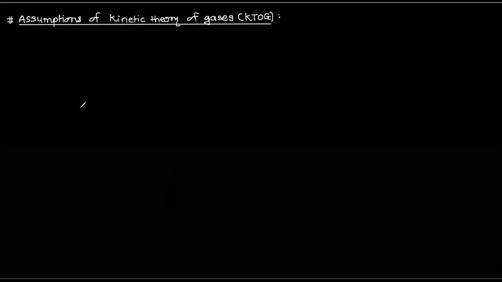So, let's see. First assumption. First of all, in thermodynamics, we have learned thermodynamic variables: pressure, volume, and temperature. Now, in this chapter, we will see the relation of macroscopic properties with microscopic properties of gas.